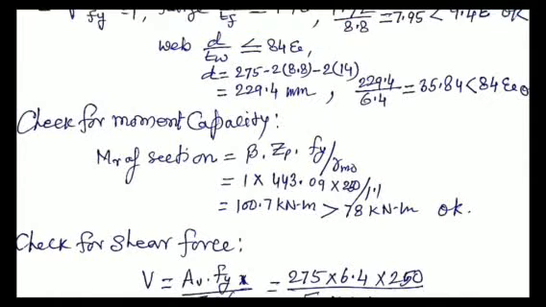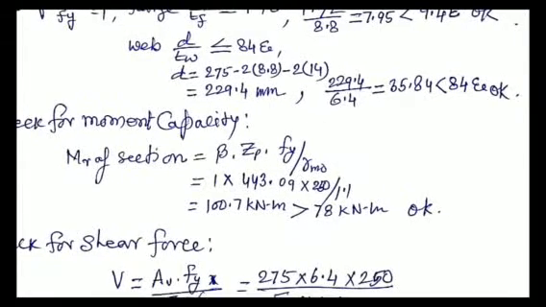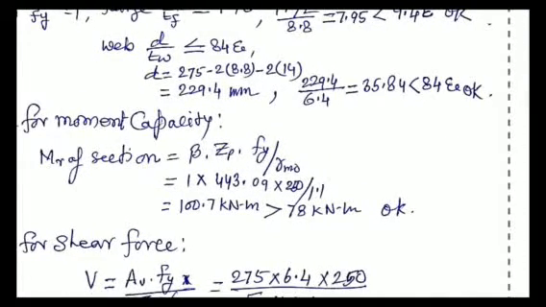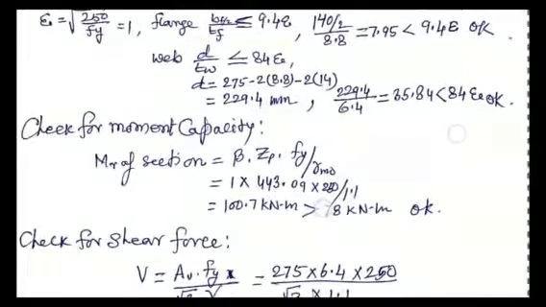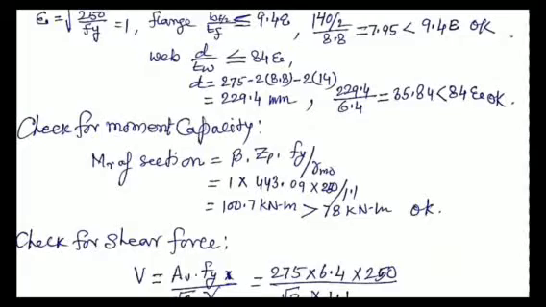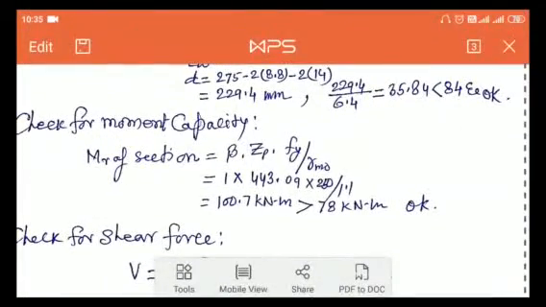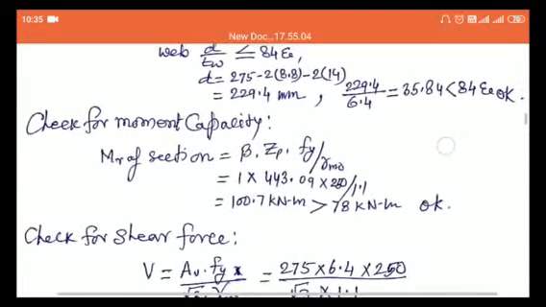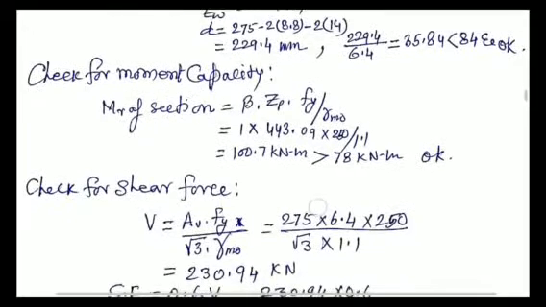So it comes out to be 229.4 mm and the ratio comes out to be 35.84, which is less than 84 epsilon. Okay, so the design is perfect.